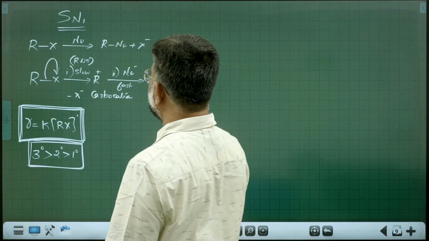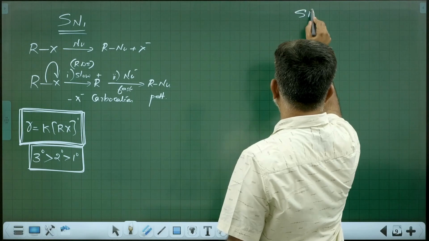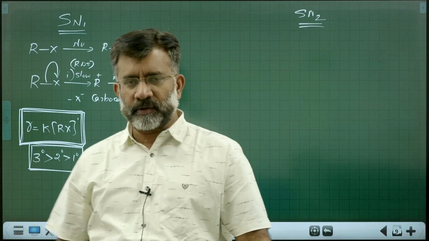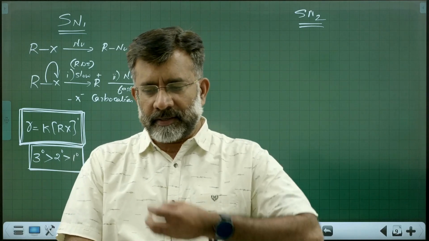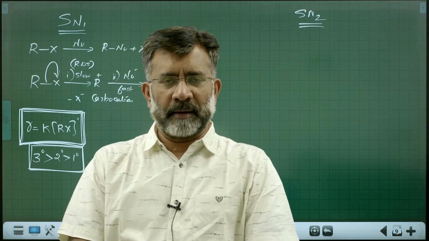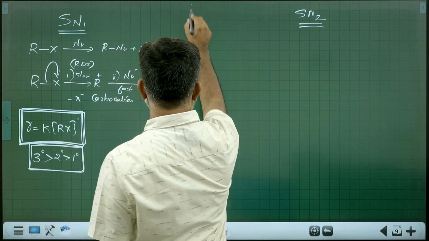How is SN2 mechanism happening? Let's have a look at SN2 mechanism. Unlike SN1, SN2 happens in such a way that the leaving of the halogen and the attack of the nucleophile happen simultaneously.